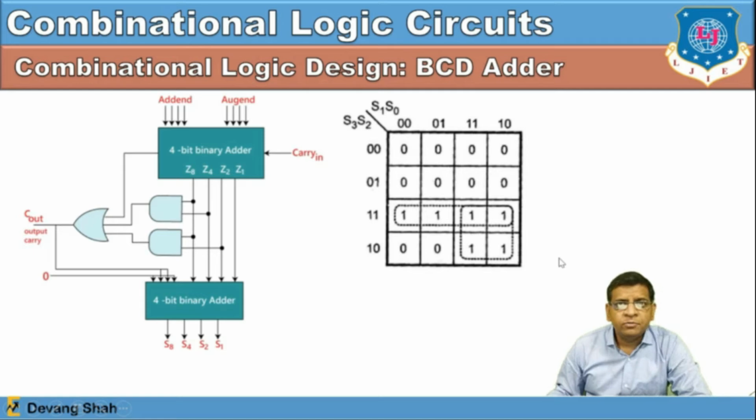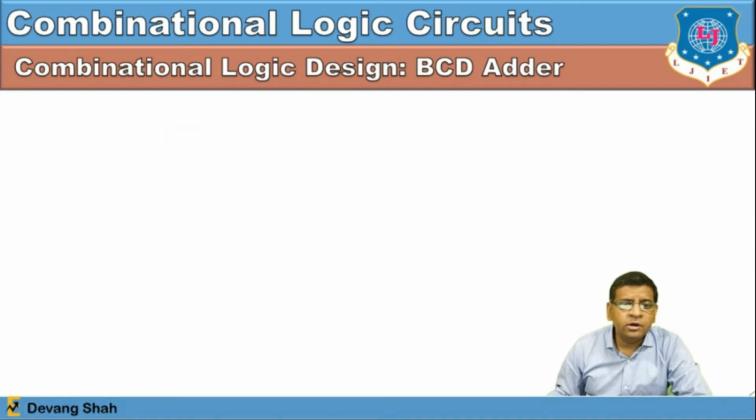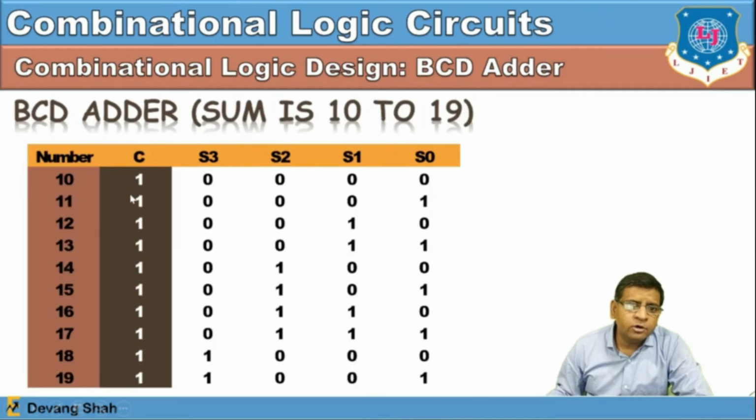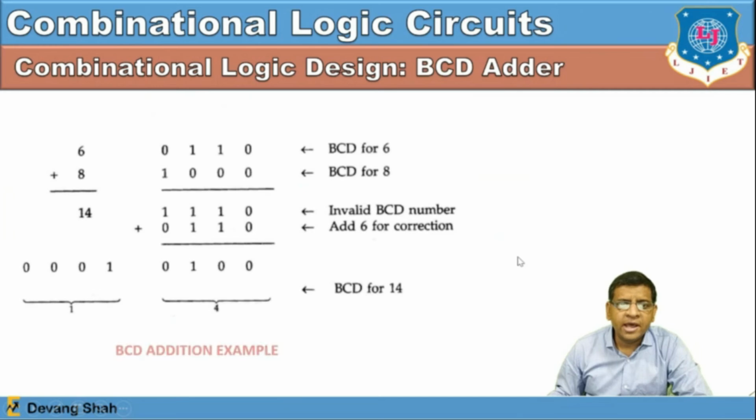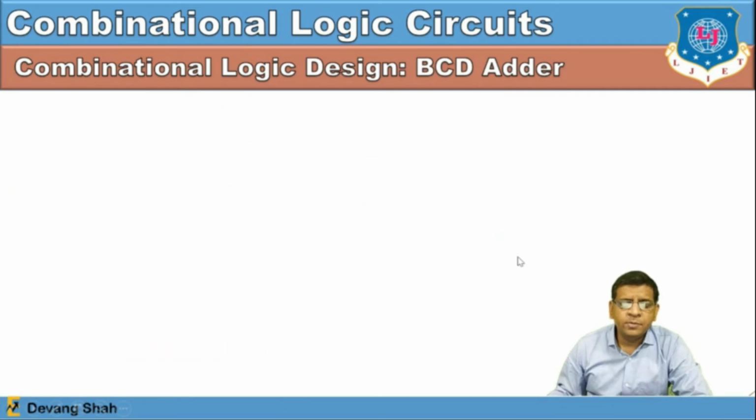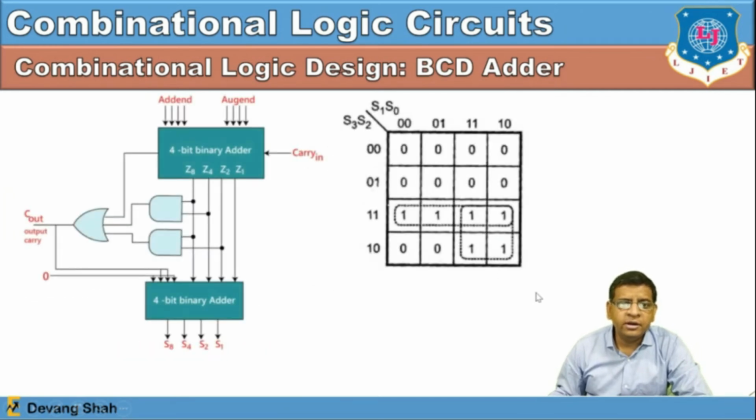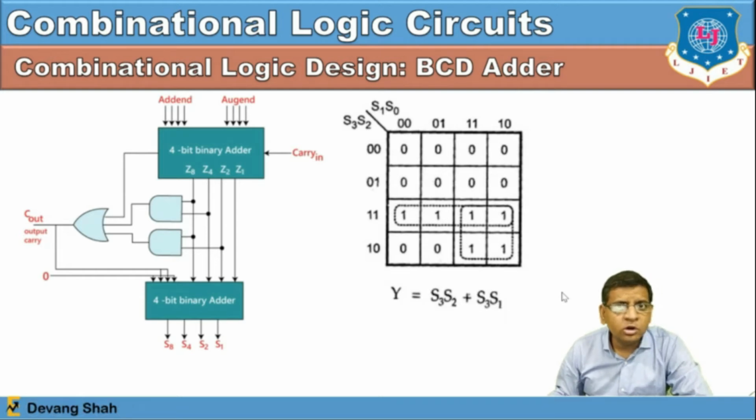So you can easily get the carry implementation from this particular table. The carry that you get from 10 to 15 comes from the K map, with that function in terms of S0, S1, S2 and S3 in the form of the K map, and finally you have Y. Here you consider Y as nothing but the C out condition, and that C out condition is based on S1 into S3 plus S2 into S3.